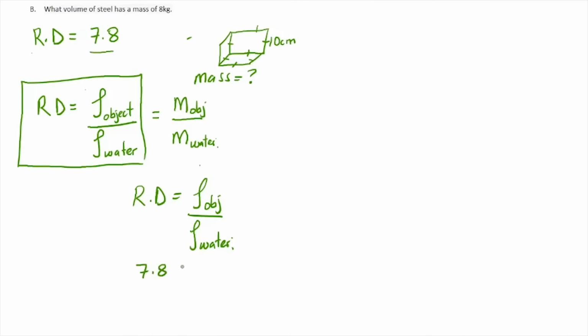Remember, relative density has no units. So 7.8 is equal to the density of the object, which we do not know, divided by the density of water. We know the density of water is 1,000 kilograms per meter cubed.